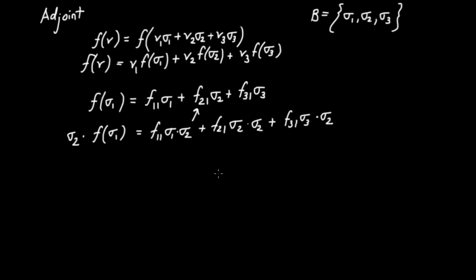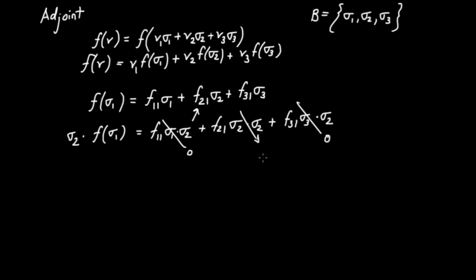Now, since the sigmas are orthonormal, this term and this term go to 0 because sigma 1 and sigma 2 are orthogonal. They dot to 0. Sigma 3, sigma 2 also dot to 0.